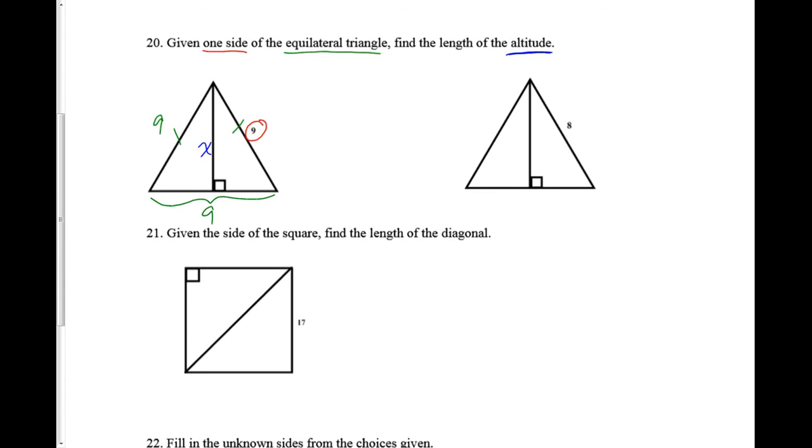Now, I still don't know much of what's going on. What I do know, though, is in an equilateral triangle, all of the angles are also equal. If all the angles are equal, and they have to add up to 180, that means all of these angles have to be 60.